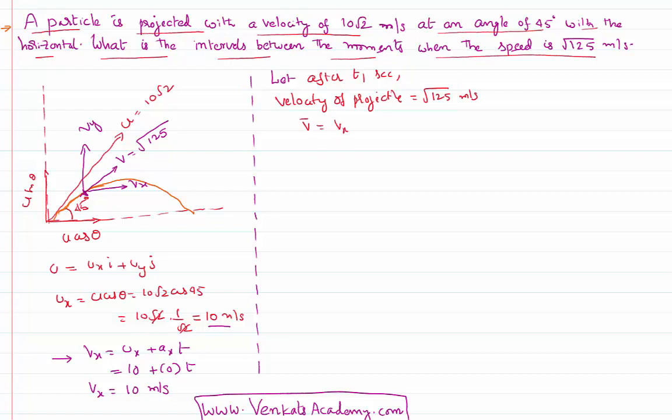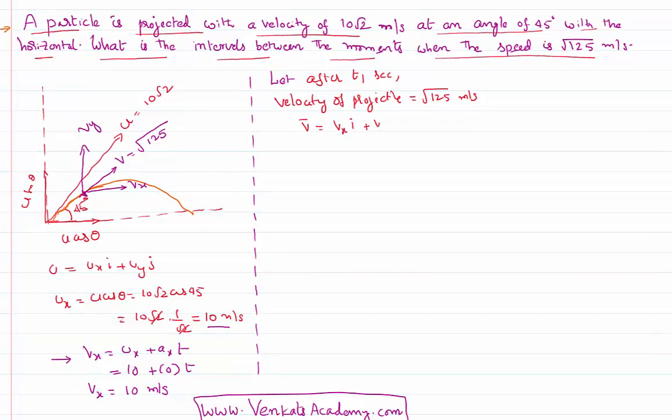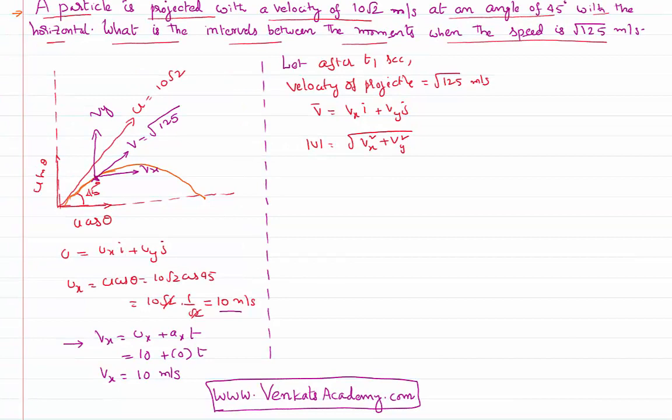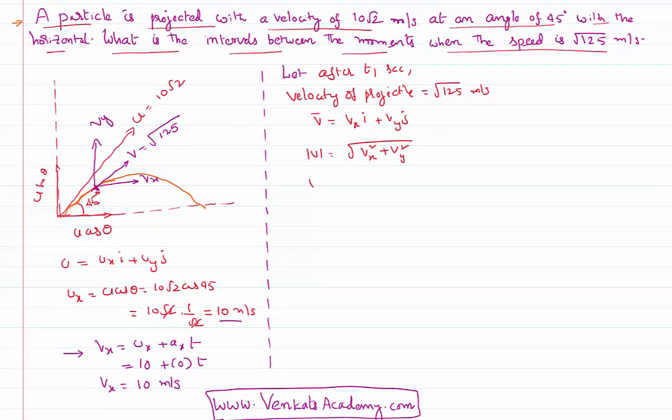I can write v bar as vx i cap plus vy j cap. Modulus of v bar as magnitude of a vector is root of vx square plus vy square. So v square, if I have to write magnitude square, as vx square plus vy square.